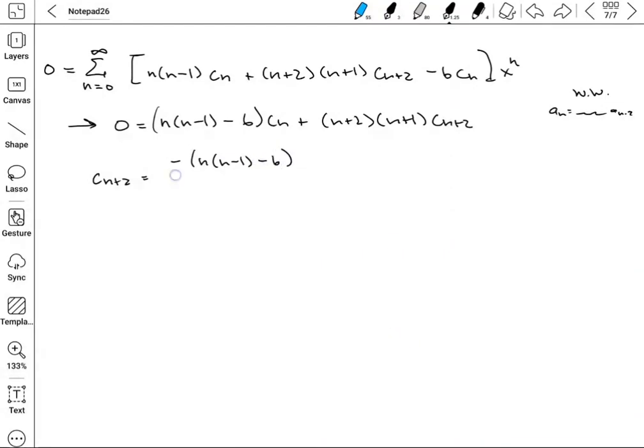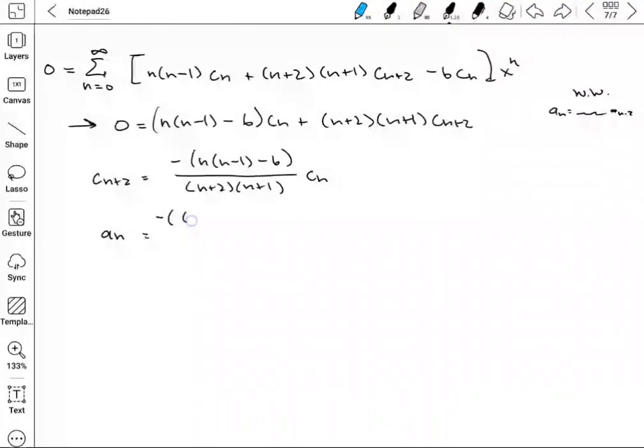So I want the bigger one on the left, so I'm going to solve for C_(n plus 2) in terms of Cn. This is just an algebra problem. And then since I want that form that WebWork has, I'm just going to take away 2 from all my n's.